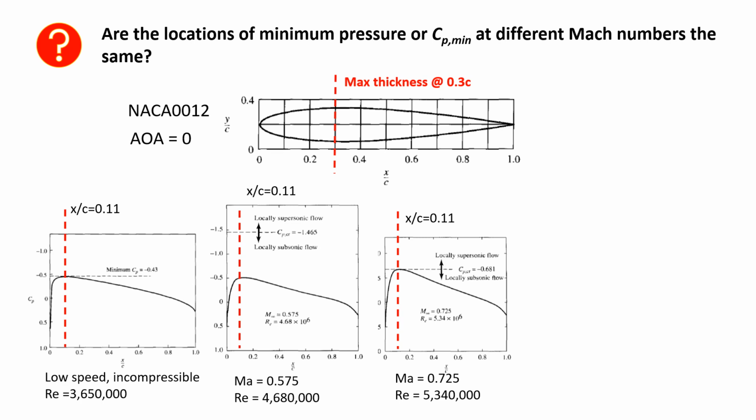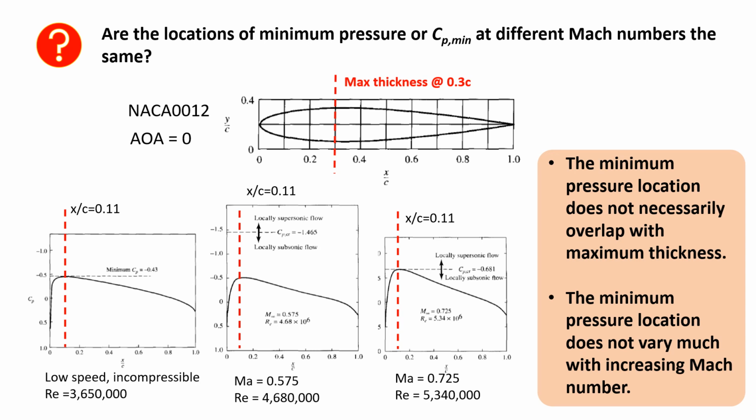You can see for all three cases, the minimum pressure always happens at 11% of the chord. So this demonstrates that the minimum pressure location doesn't vary much with the Mach number.